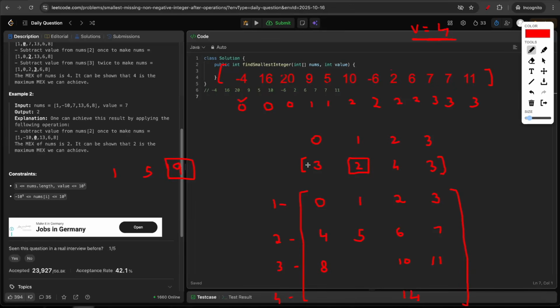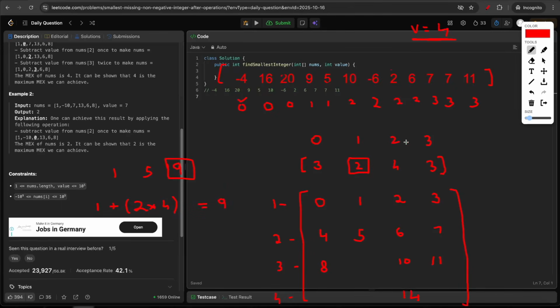So if we just want to write it as a formula, we have the number as 1 and the frequency as 2. So we can get the missing number by doing the number plus the frequency into value, which is 4. So here we have 1 plus 2 into 4, which is 9.